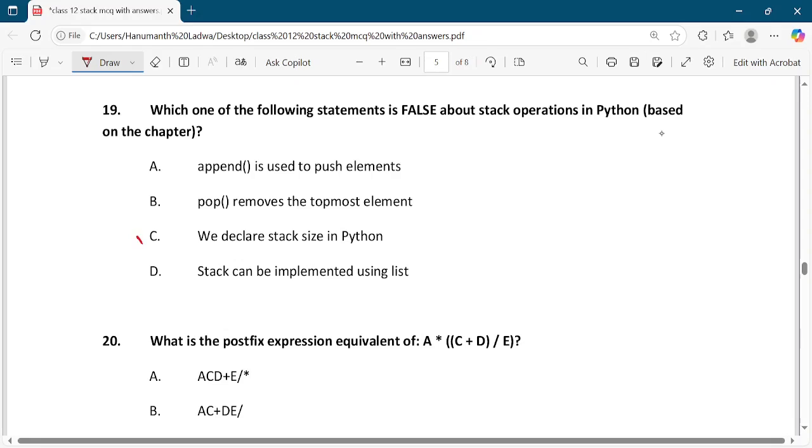So here option C, we declare stack size in Python, is false, and hence this is the right answer. Declaring stack size in Python is not possible as we are using a list to implement the stack, so there is no strict bound checking in the list. Hence option C is the right answer.